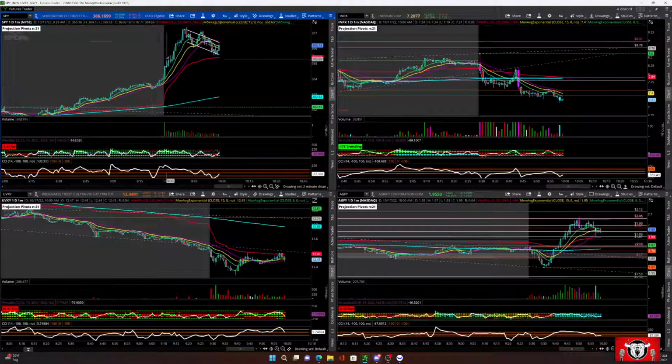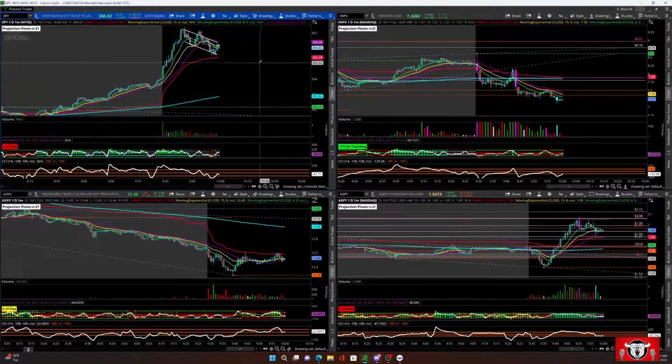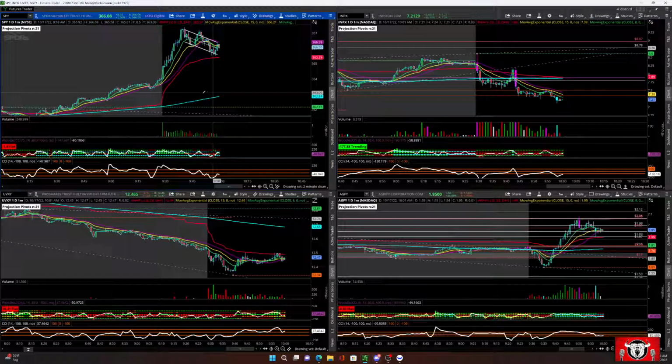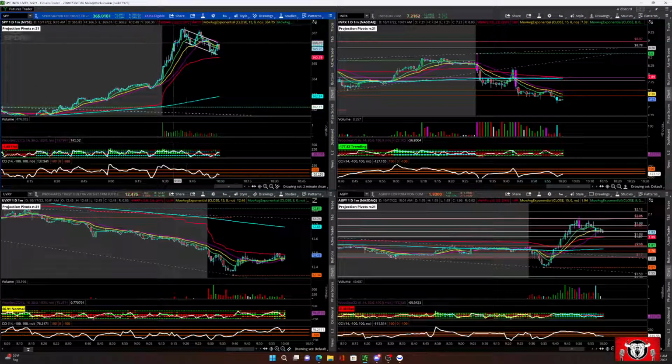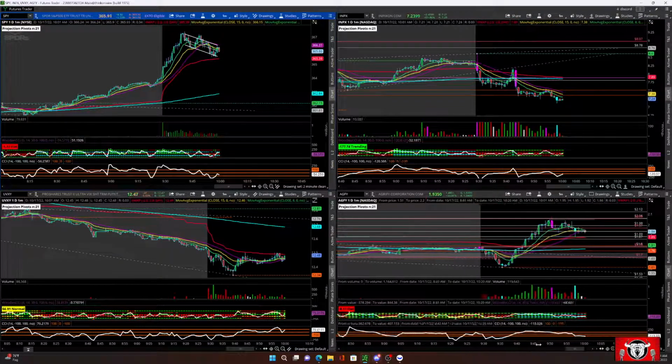So that's a big pullback. You get spiked up outside of the resistance there. It looks almost like a big pullback for that run. Well, we're looking for 50% at least. Yeah, that shot at 364.